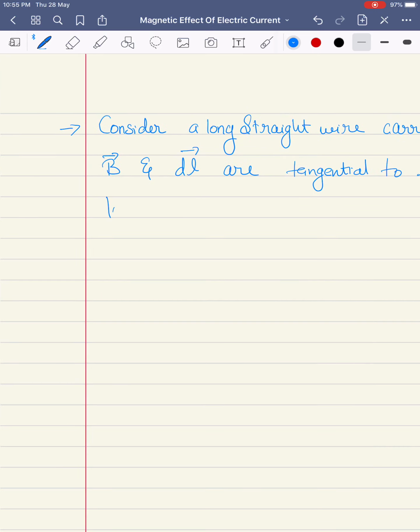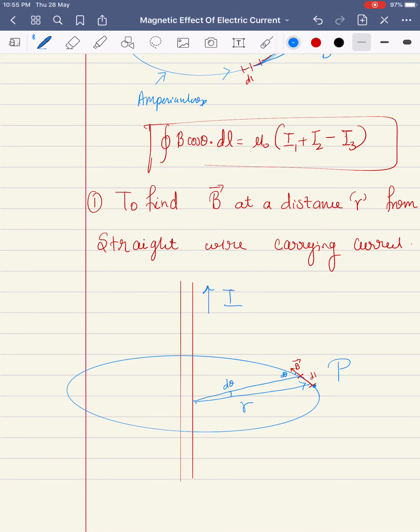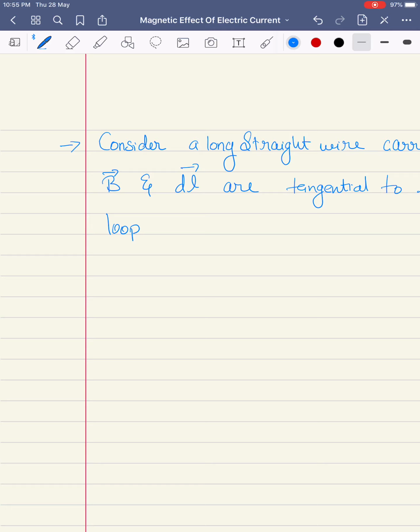When you consider the Amperian loop, you need to choose it such that each and every point on the Amperian loop is at an equal distance from the straight wire which is carrying current. Each and every point should be equidistant. That's something you have to consider.